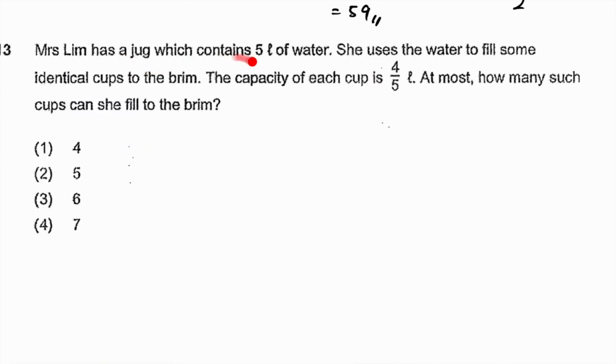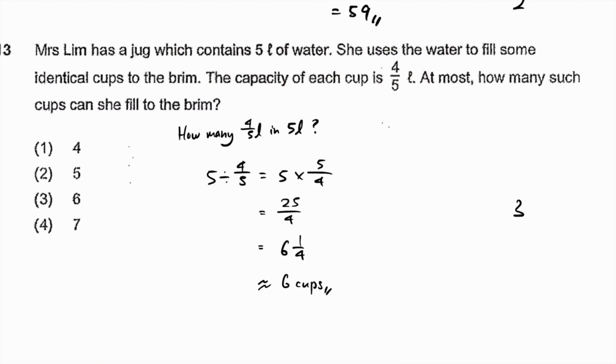Mrs. Lim has a jug which contains 5 liters of water, so a big jug. She's going to take these 5 liters and fill some cups, each having a capacity of 4/5 liters. So basically, how many 4/5 liters are there in my 5-liter jug? Yeah, so that's a division problem, is it not? How many 4/5 are there in 5?